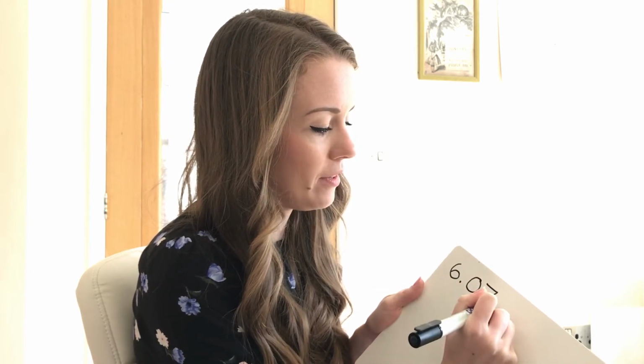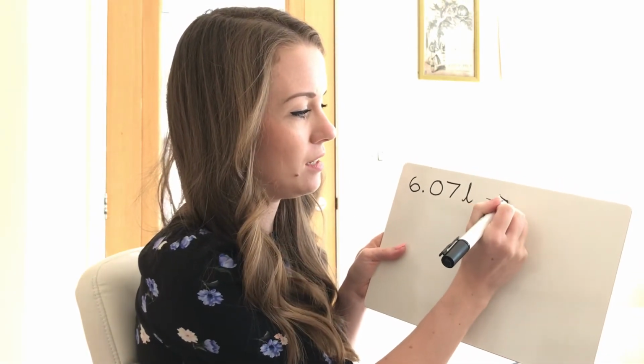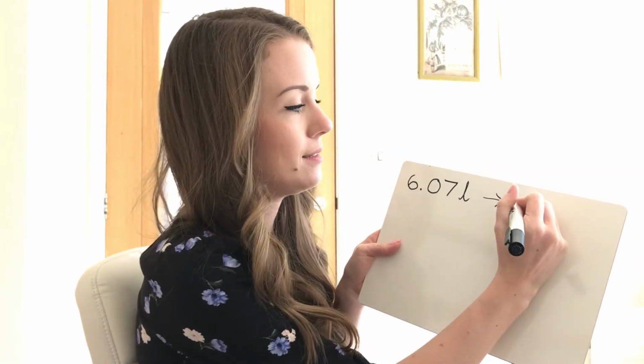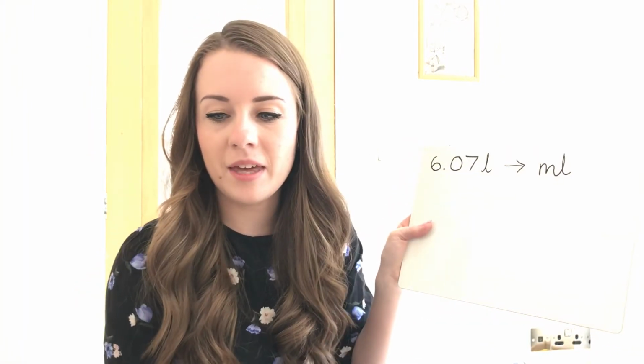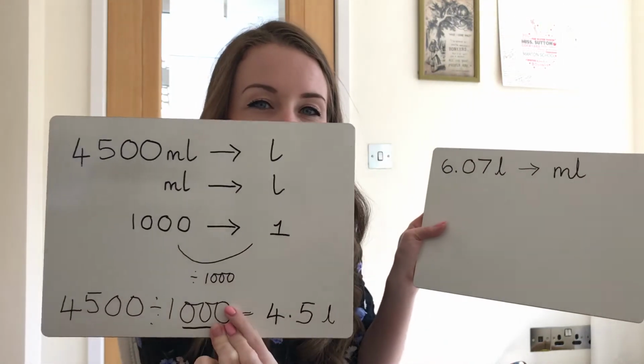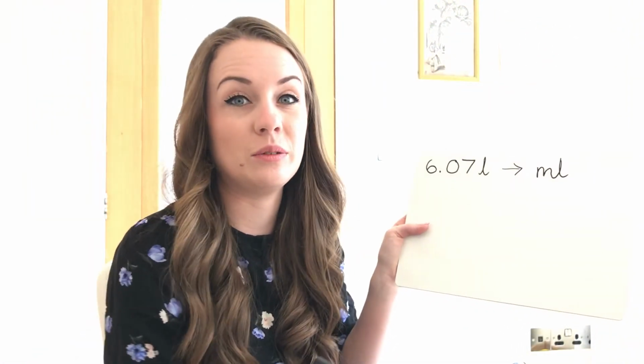So if I have, let's have the decimal number now, 6.07 litres, and I want to convert it into millilitres, I'm going to follow the same method as I have already done from my millilitres to litres.